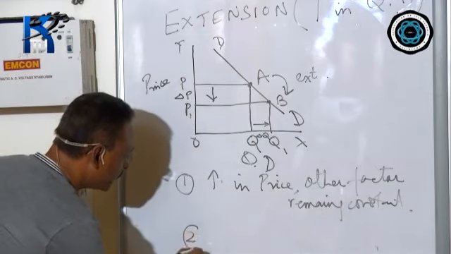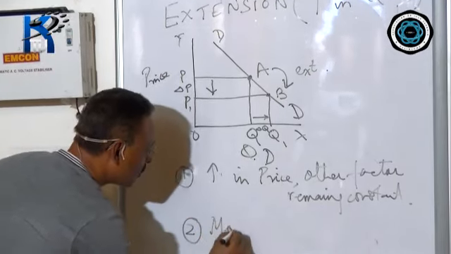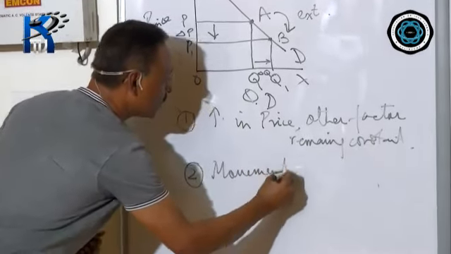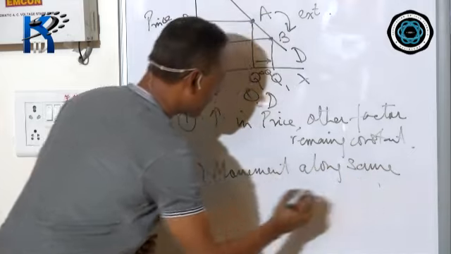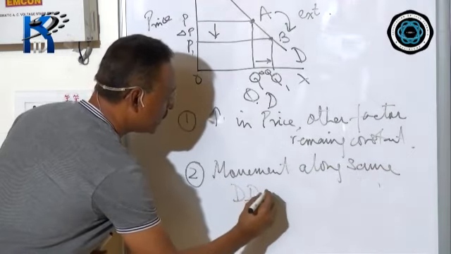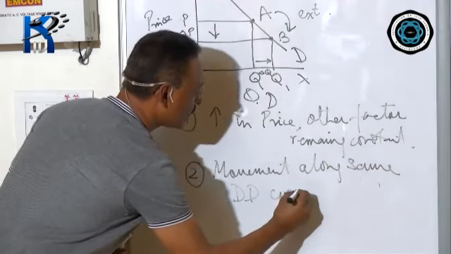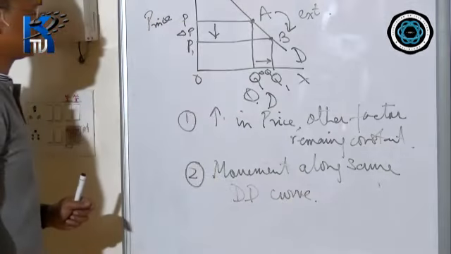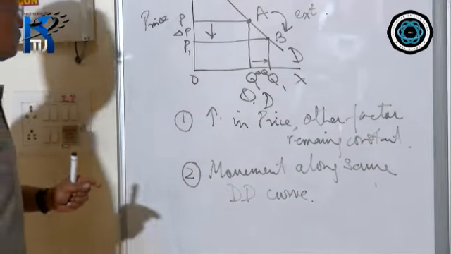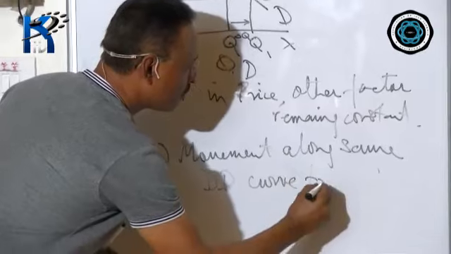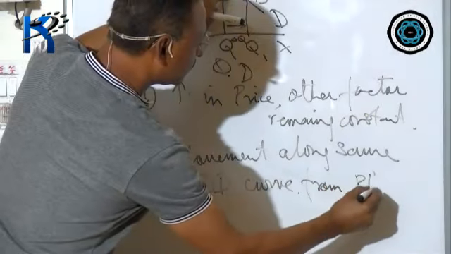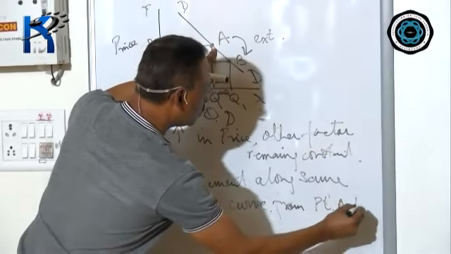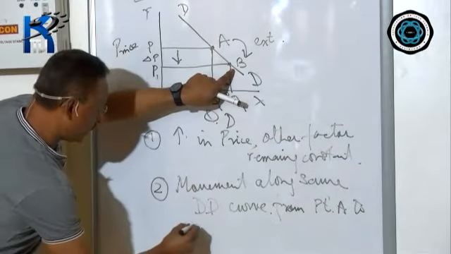Secondly, you will see movement along the same DD demand curve from point A to point B.